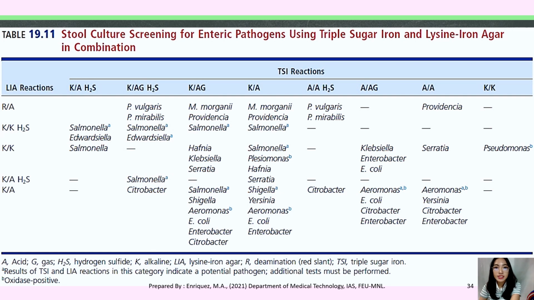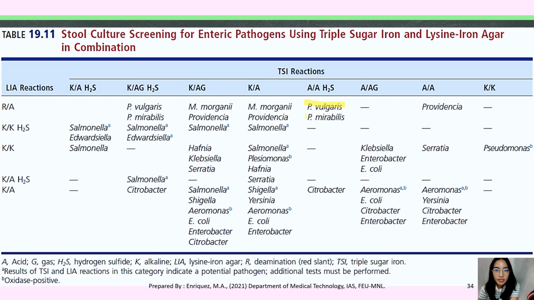On this table, we can see the different TSI and LIA reactions that each member of Enterobacteriaceae can produce. The problem here is that there are some organisms that fall into two or more different interpretations. Take, for example, Proteus mirabilis and Proteus vulgaris.